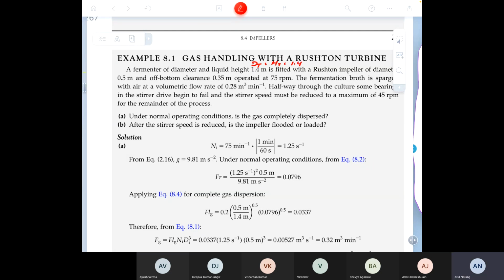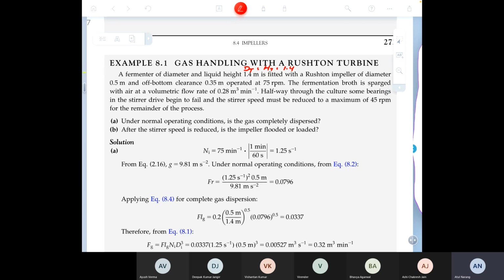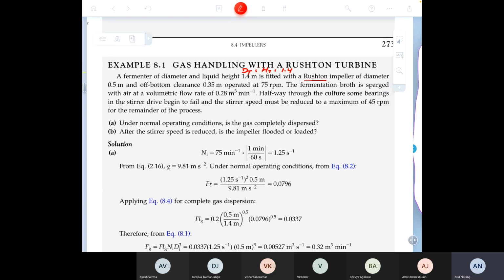These dimensions are given, and they're also telling you that it is a Rushton impeller, the diameter of the impeller d sub I is 0.5 meters. They have also given you the off bottom clearance, C sub I, and they have told you that it is operating at n sub I equal to 75 RPM.